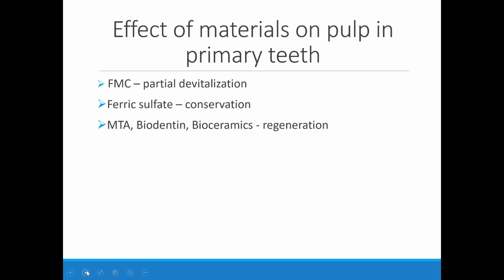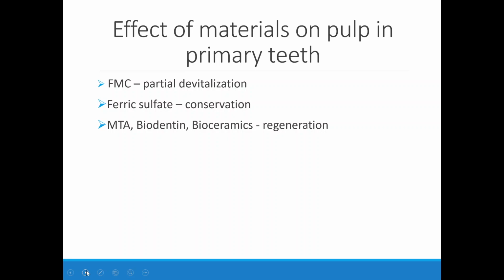but in the last decade we say that formocresol can have an effect on the health status of the child because it can go from the pulp to the periodontium and to the blood vessels and to the blood and have a systemic toxic effect. That's why nowadays maybe just 10 or 20% of dental schools in Europe give knowledge about using formocresol.